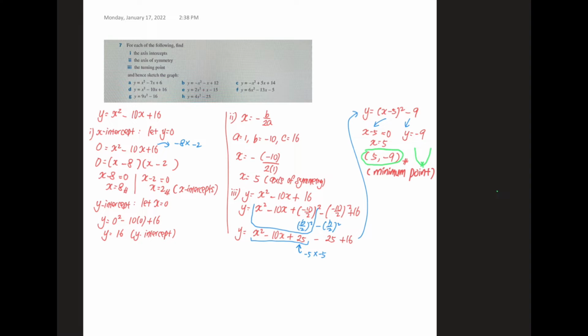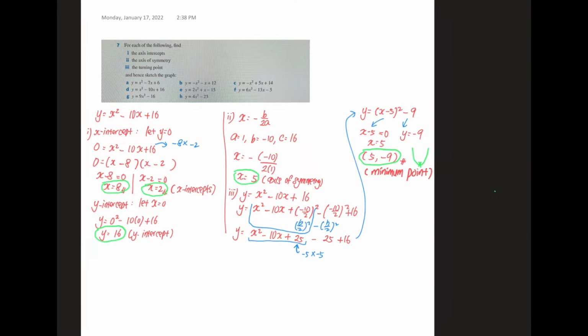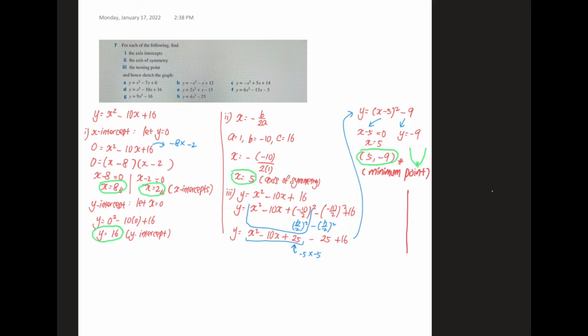The other information that we need to use is the axis of symmetry, and then we have to look at the y-intercept and the x-intercept. All the information I circled with the green color, and now let's apply it in our graph. So this is our graph, the x-axis, the y-axis.